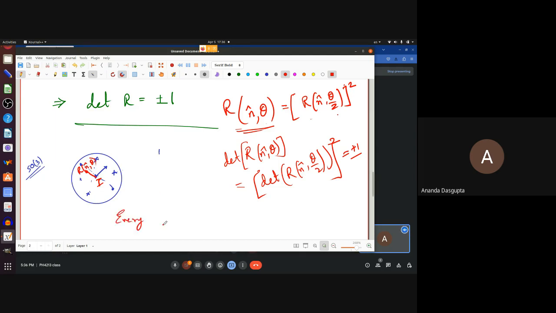So every R is connected continuously to I. Now, connected continuously does not have to be along the straight line, could be along this curve, but still connected continuously. Now what does this mean about the determinant? The determinant is a function of R, the matrix.